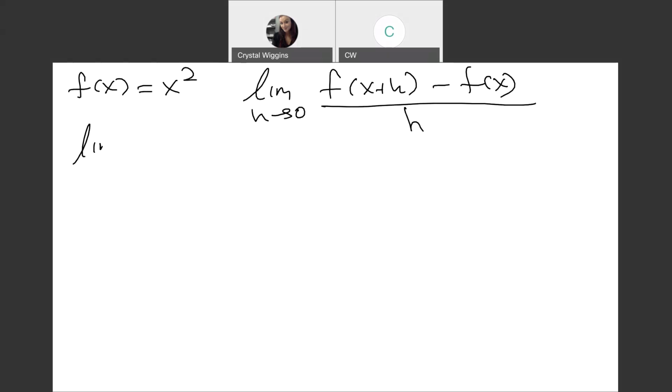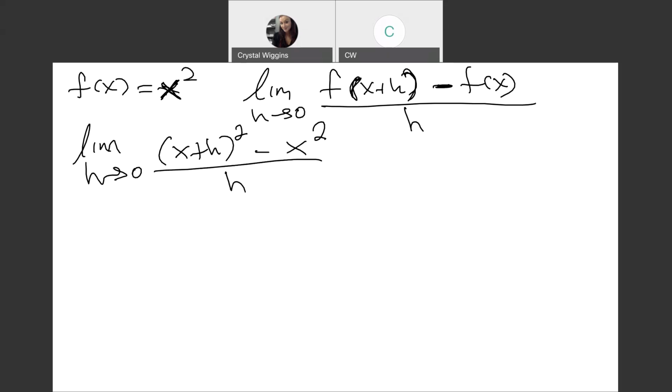So I'm going to find the derivative by doing the limit as h approaches 0. Now, this tells me to replace x plus h in for every x in the f of x function. So I'm going to have x plus h squared minus just plain old f of x, which is x squared, all over h.